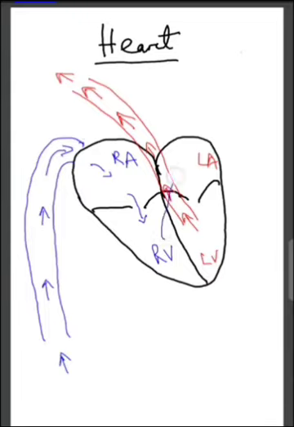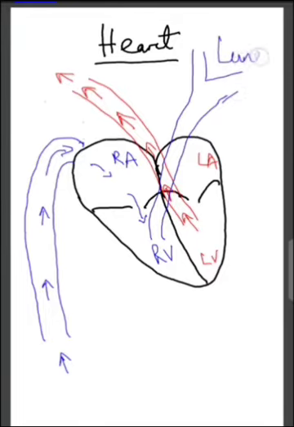The pulmonary artery arises from the right ventricle and goes to the lungs. To both sides of the lungs, right side and left side, it transports the deoxygenated blood, and in the lungs there will be gaseous exchange.